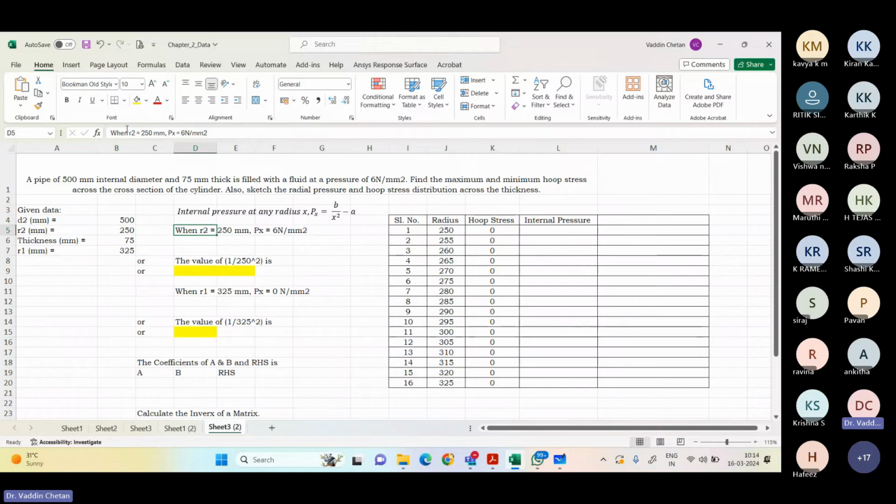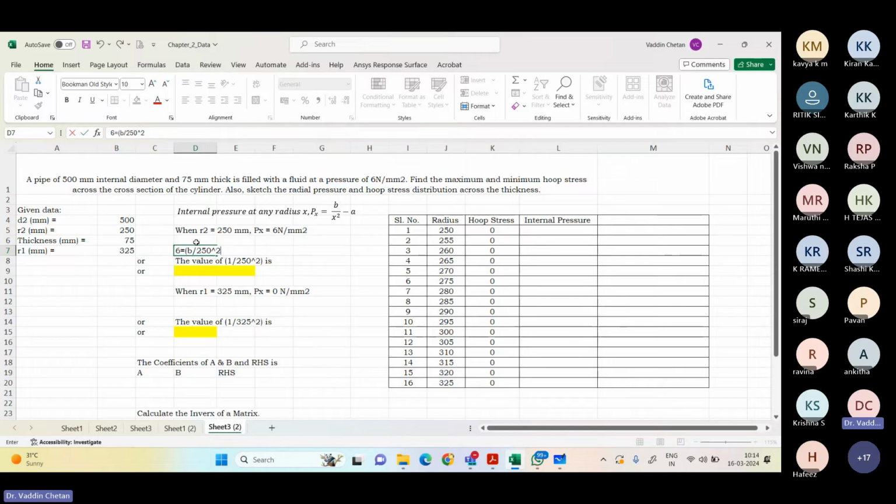The first boundary condition is when R2 is equal to 250 mm, P will be 6 Newton per mm square. So if I substitute that, 6 is equal to B divided by 250 square minus A.